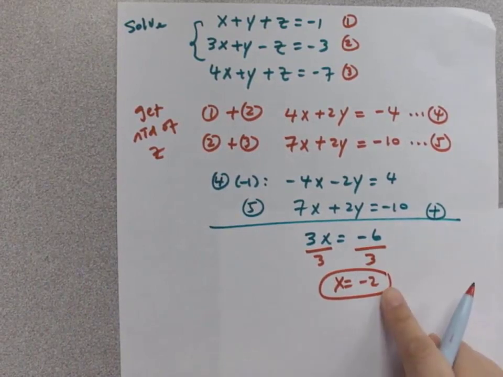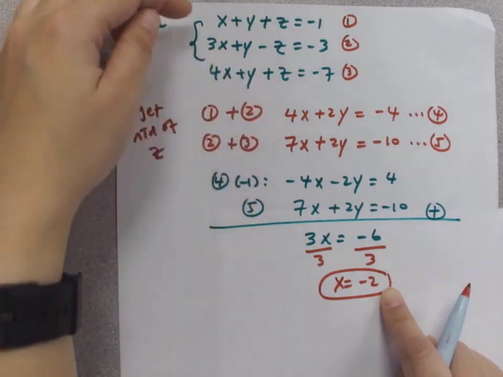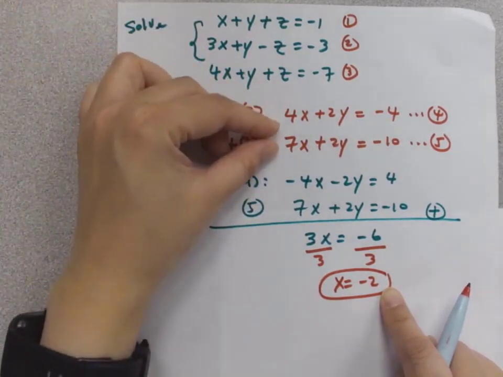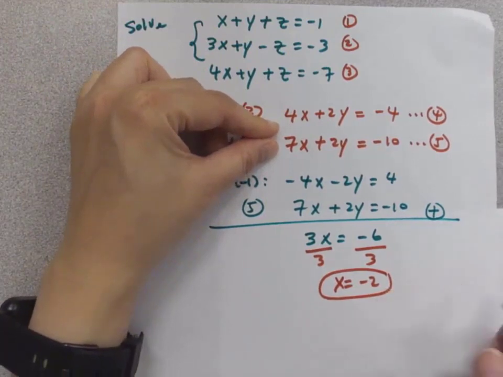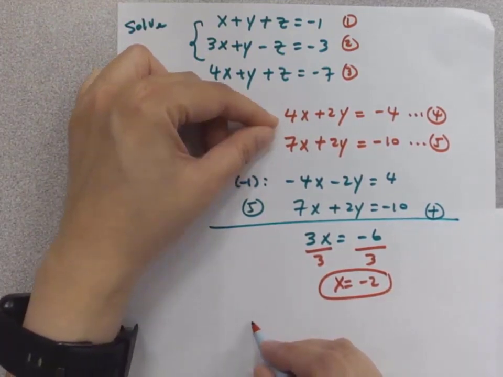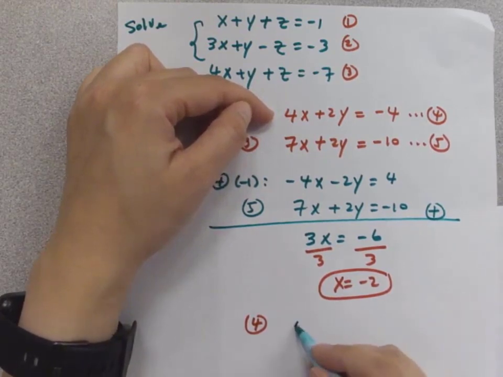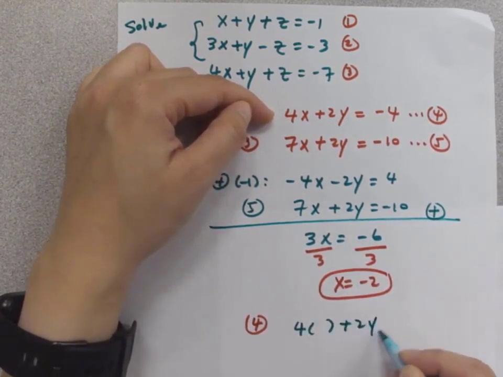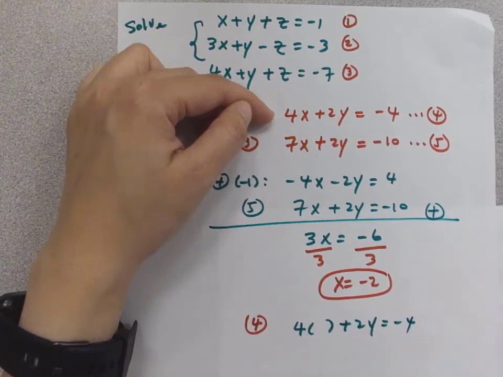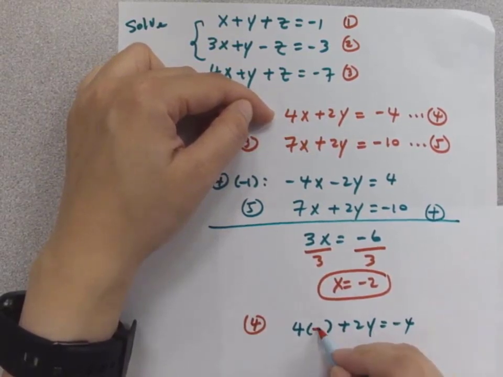Okay, so once we have this, we can plug it into where? Plug it back into the first one? Oh, no. Just do 4, 5. So just the one with the 2 variables, okay? So if we do 4, then this would be 4 times x plus 2y equal to -4, right? And plug in what? -2.